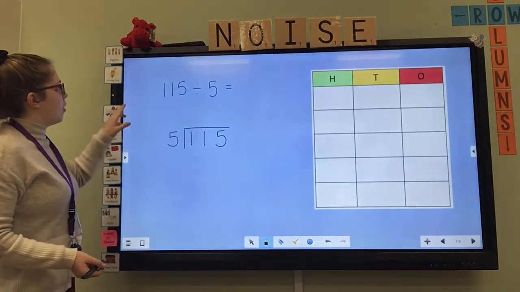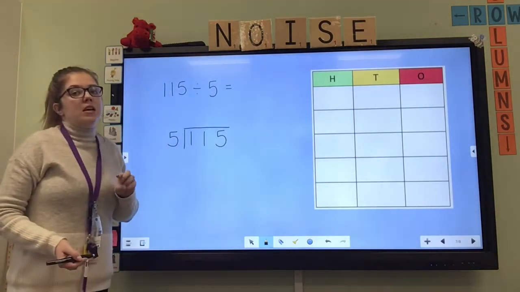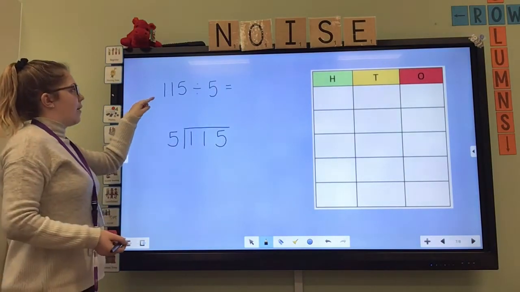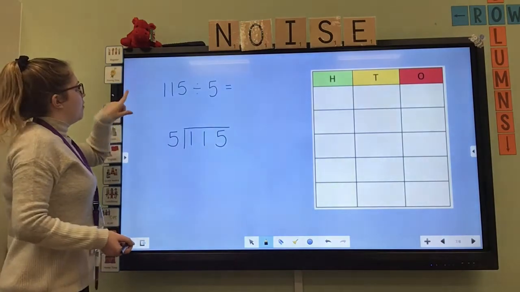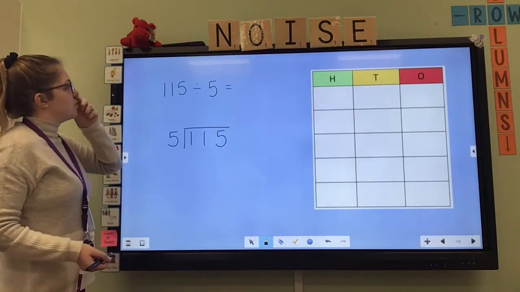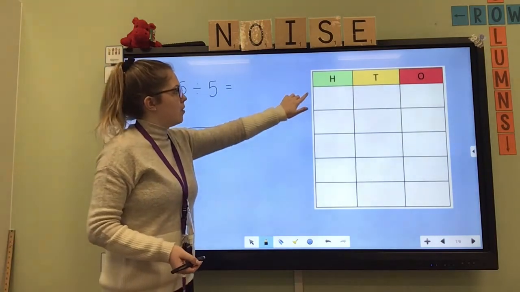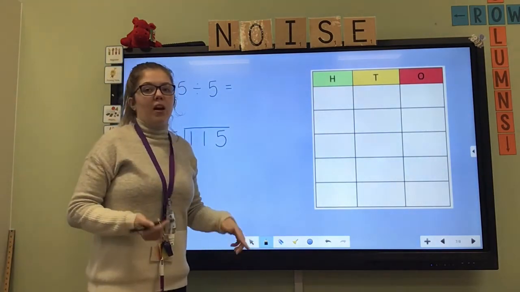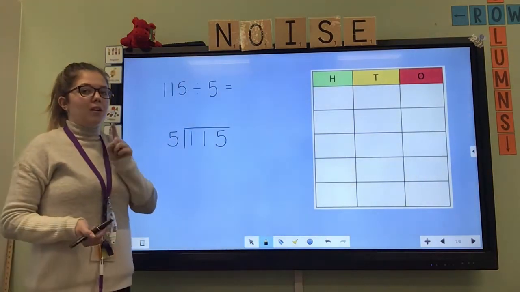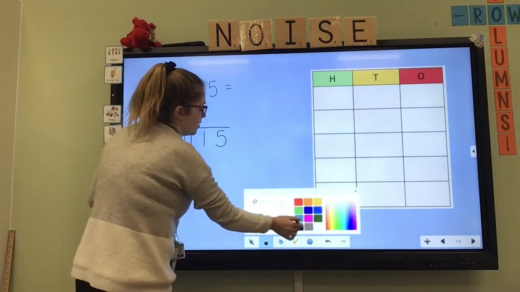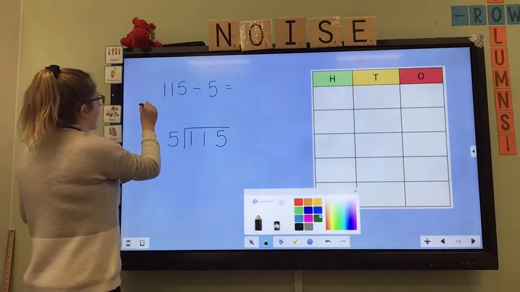This time I've got 115 divided by 5. So we always start with sharing out our hundreds. I've got 100 in 115. How am I going to share that into 5 groups? I can't, can I? Because I've only got 100. So before we even start, we need to do some exchanging.